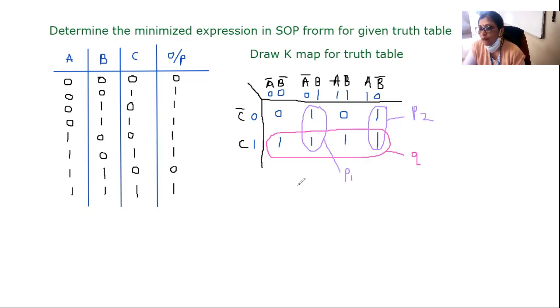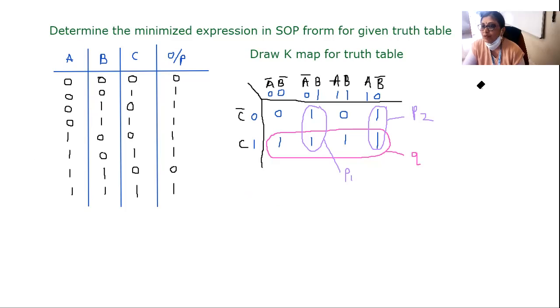Okay. So as all of you know, chord can eliminate how many variables?